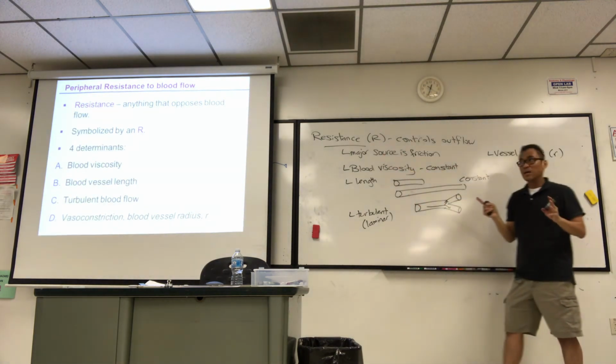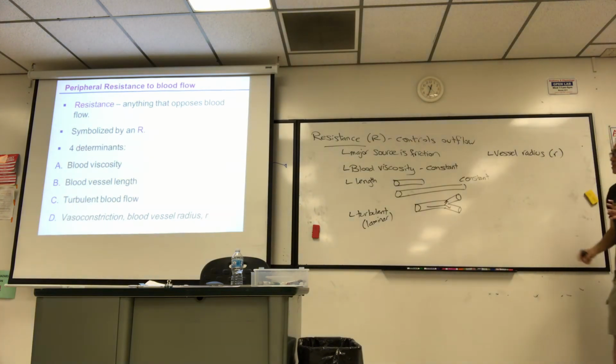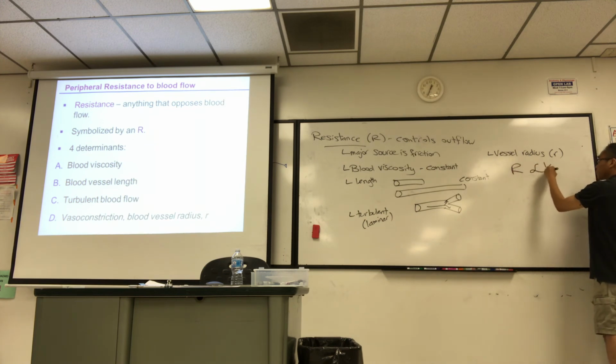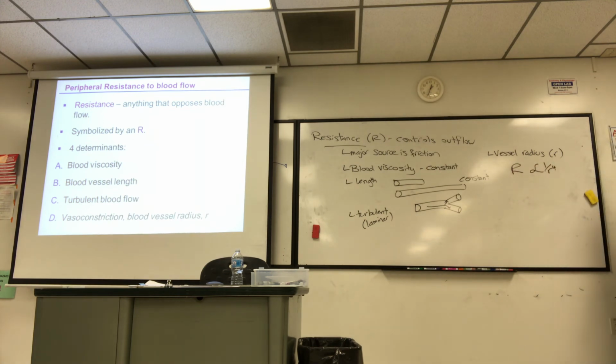In fact, vessel radius affects resistance so much, it's inversely related to peripheral resistance to the fourth power. Here's how you see it in your book mathematically. The fourth power simply means it affects it a lot. You decrease the radius a little bit, you increase the resistance a lot. Think of it that way, to the fourth power.